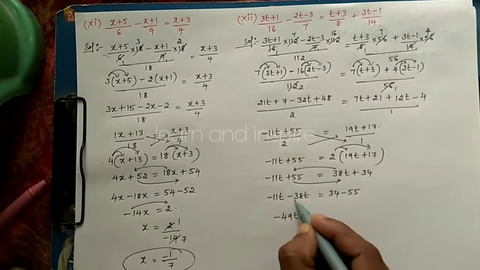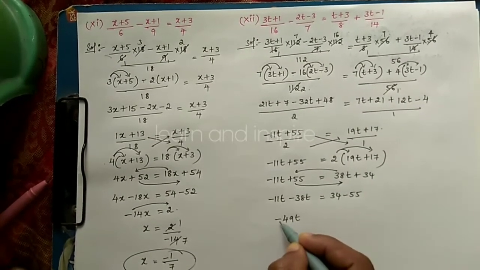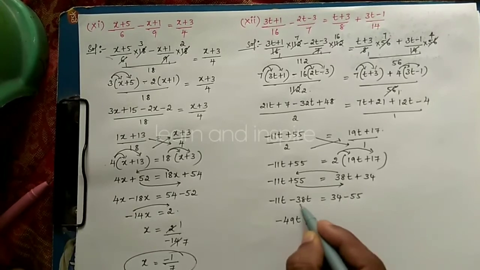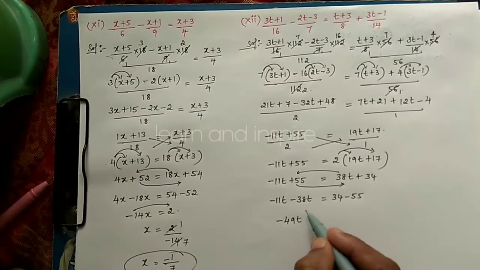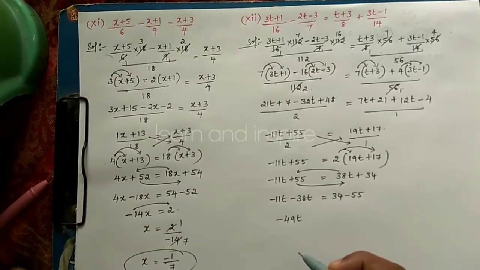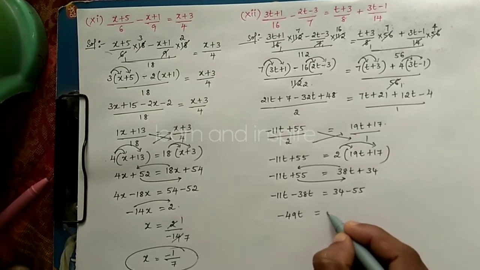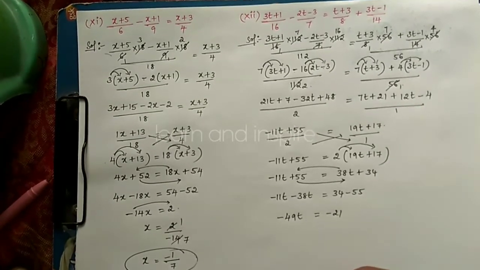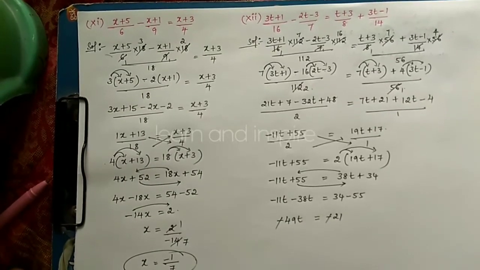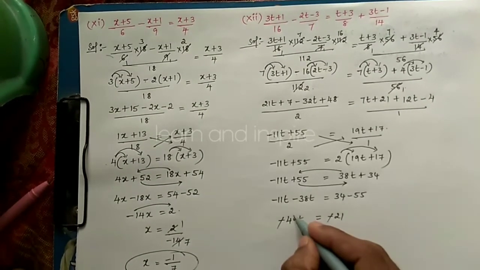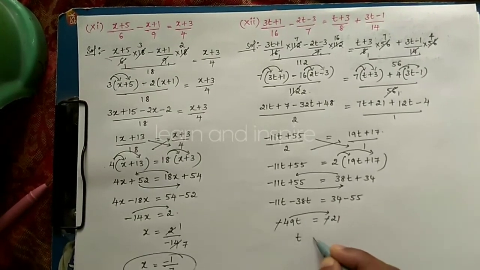When we add two negative integers, the result will always be negative, and by adding 11 and 38 we get 49, and the variable is the same, so we write t, equals to 34 minus 55 is minus 21. Okay, now we can cancel the minus and minus on both sides.